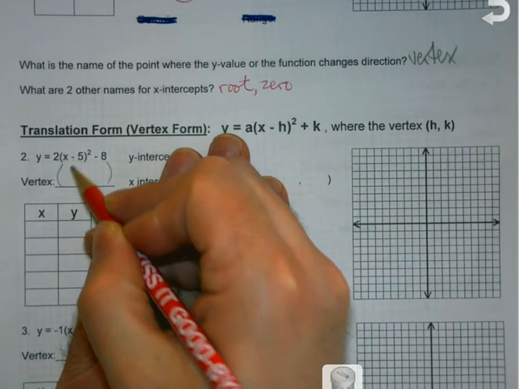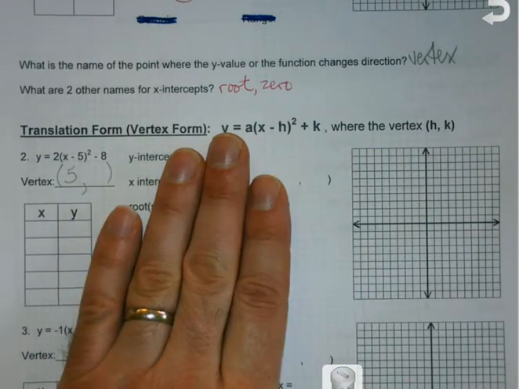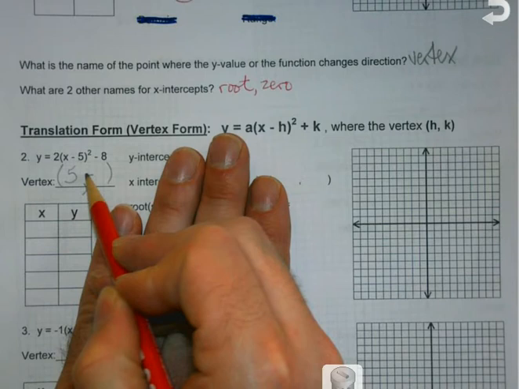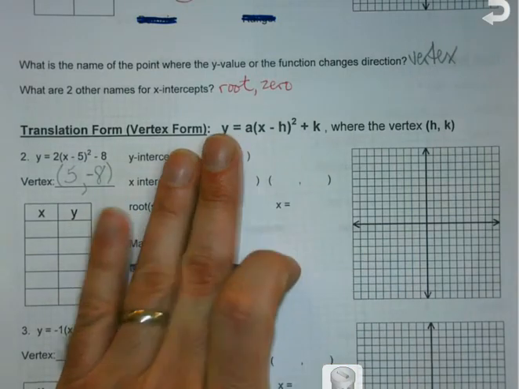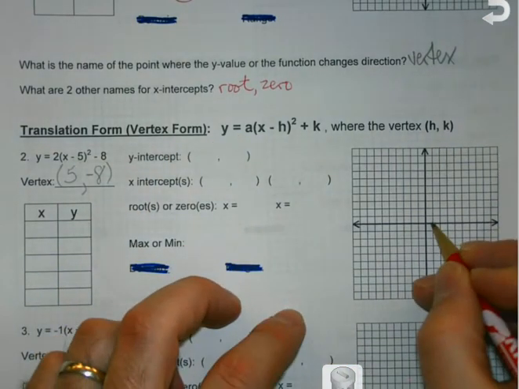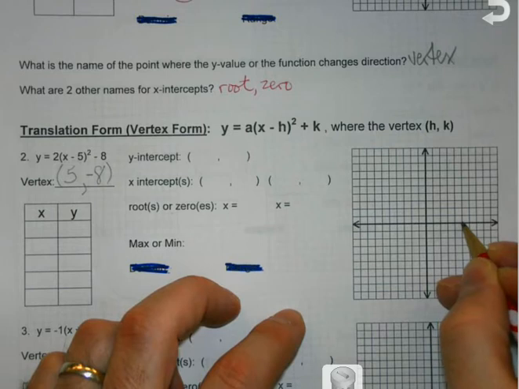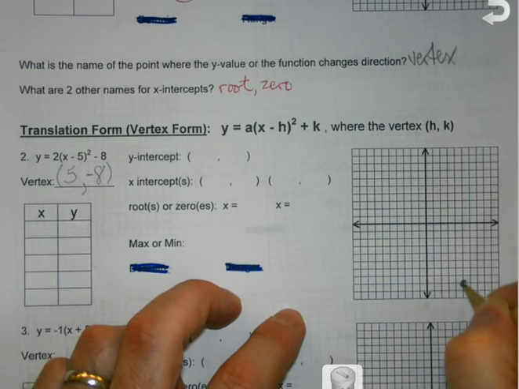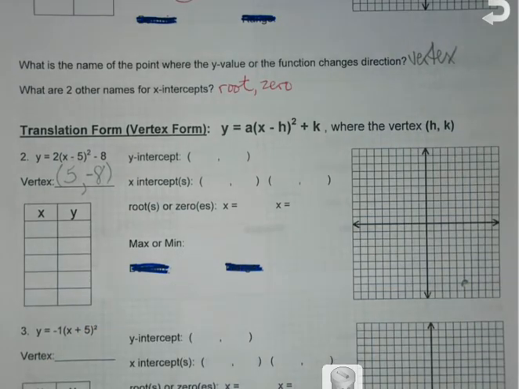So I see -5, so the opposite would be 5. But I keep whatever's on the outside. So my vertex is at 5, -8. And I know it opens up because it's positive.